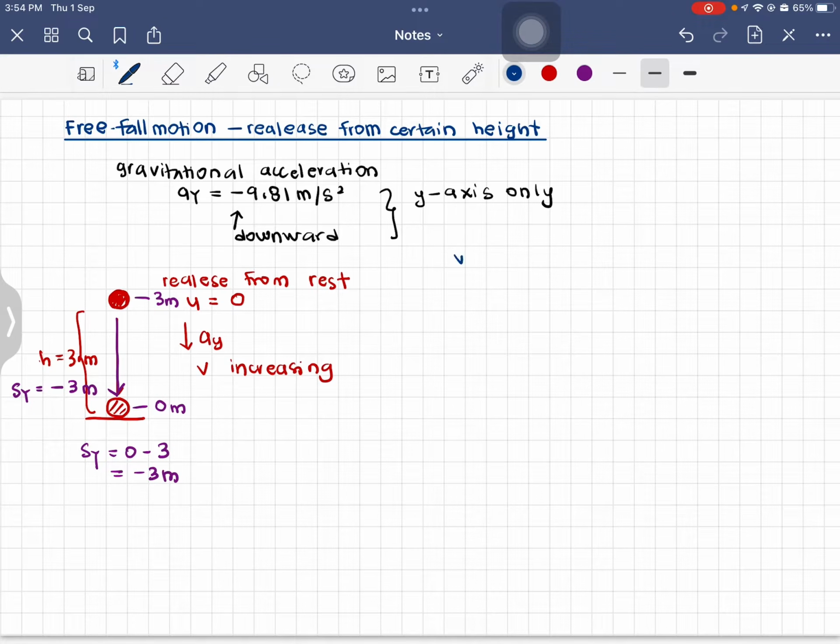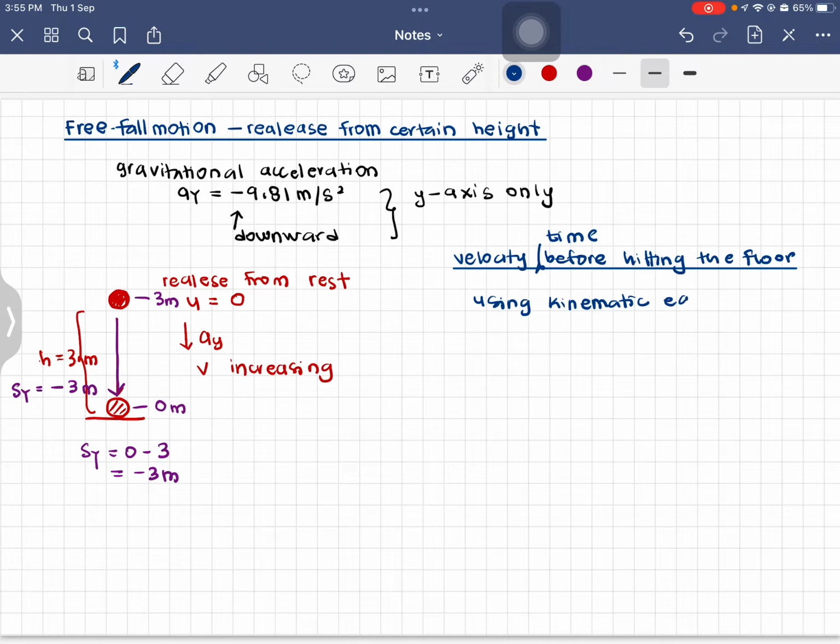Okay, alright. We are finding the velocity and time before it hits the floor. For velocity and time, you have to use the kinematic equations, because our acceleration is now constant. Now we have A, we have U and we have S, and we want V. Can you use vuat?